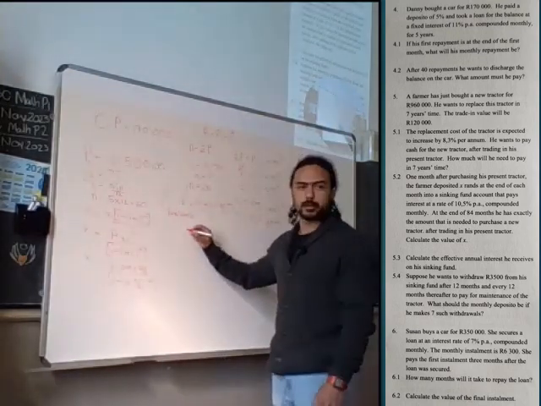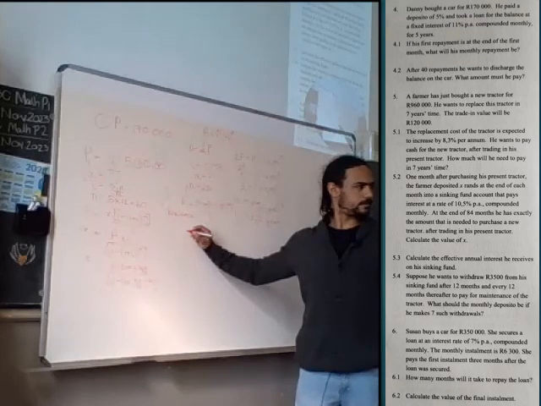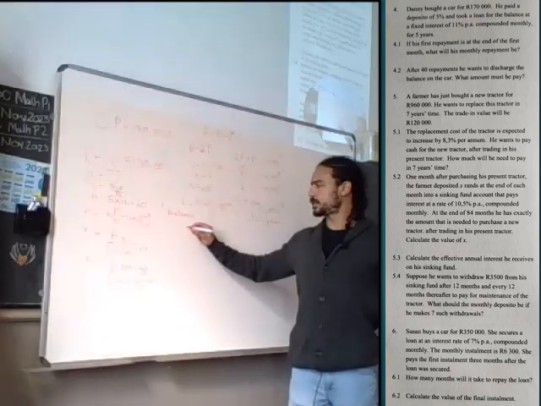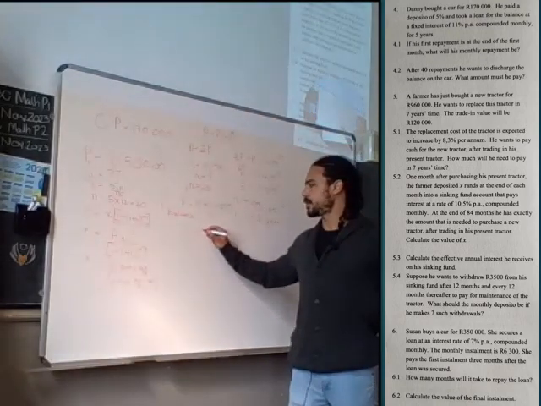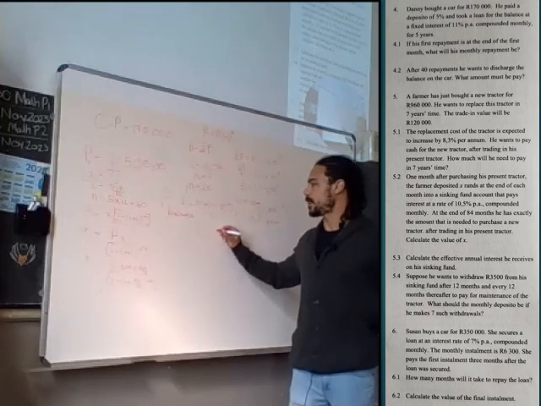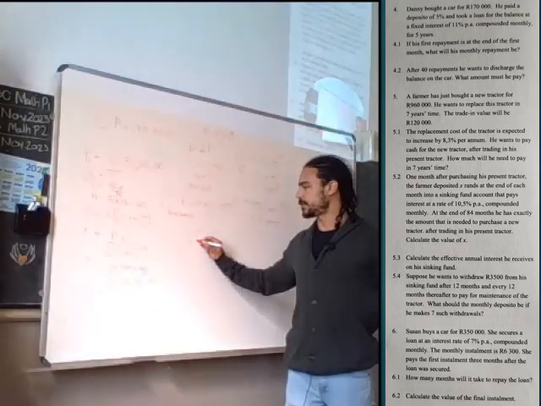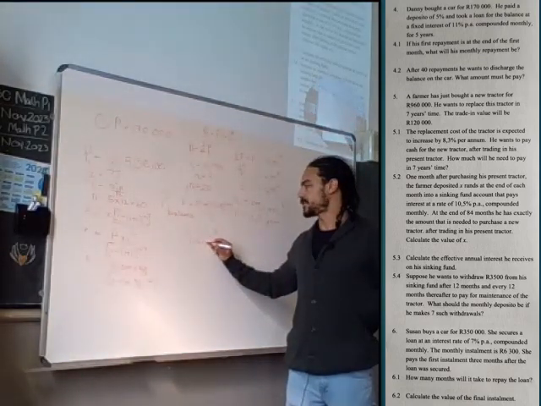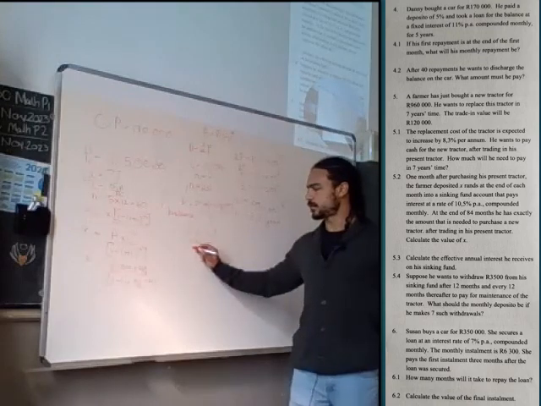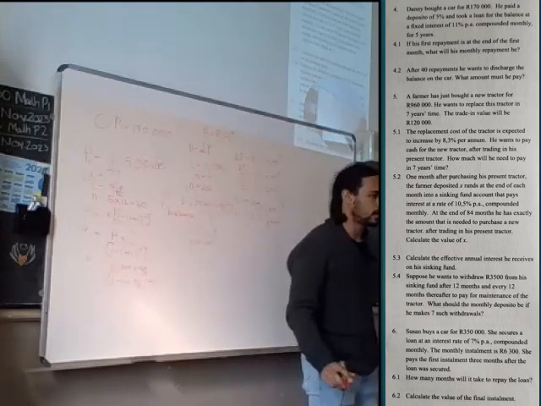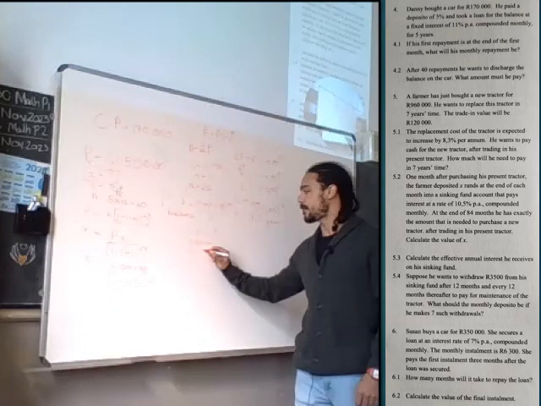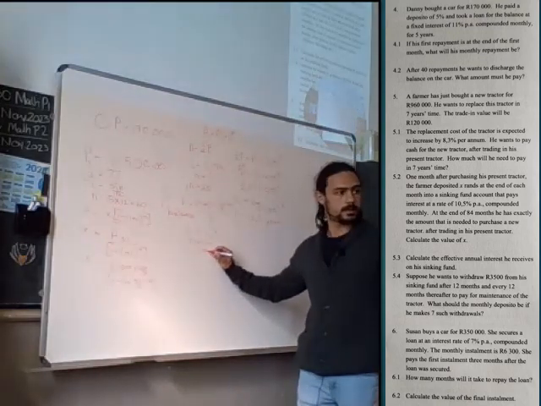So that means we're going to use which formula? Compound interest. All right, so that's going to be A equals P times (1 plus i) to the power of n. P is that 960,000. i is 0,083, no?